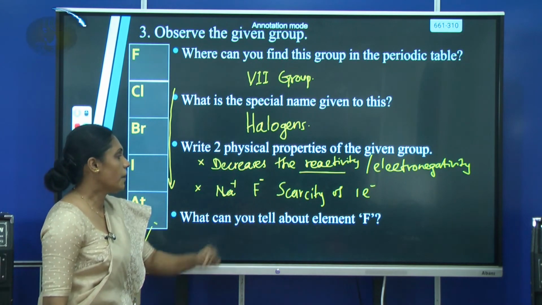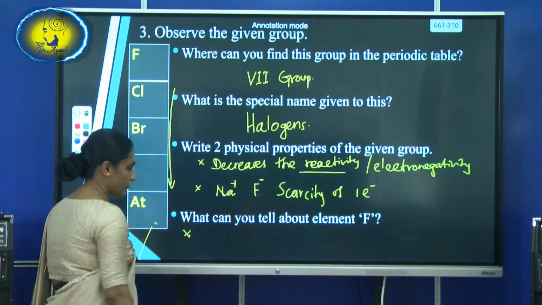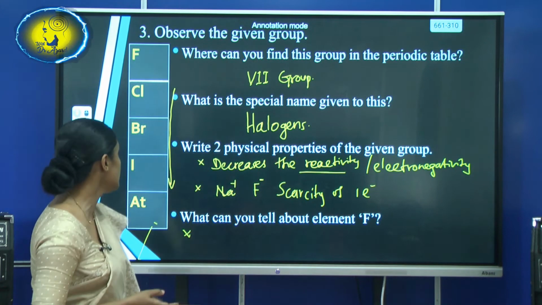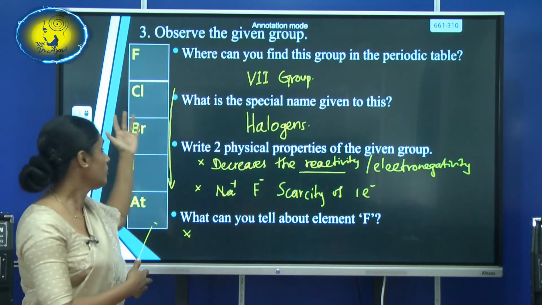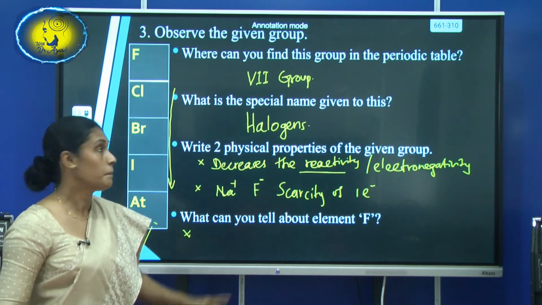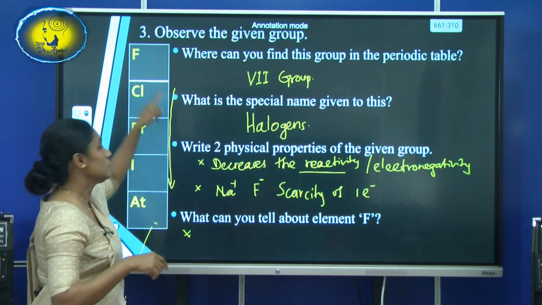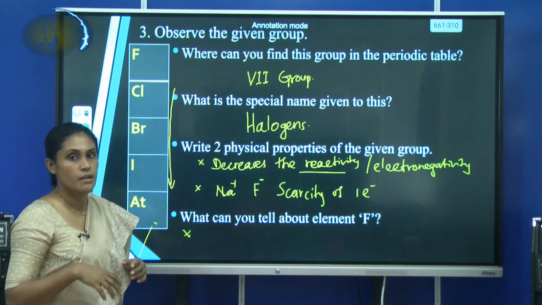What can you tell about element F? We use chlorine to represent the group, because when we are taking very few examples to show you the reactions between fluorine and all, right?